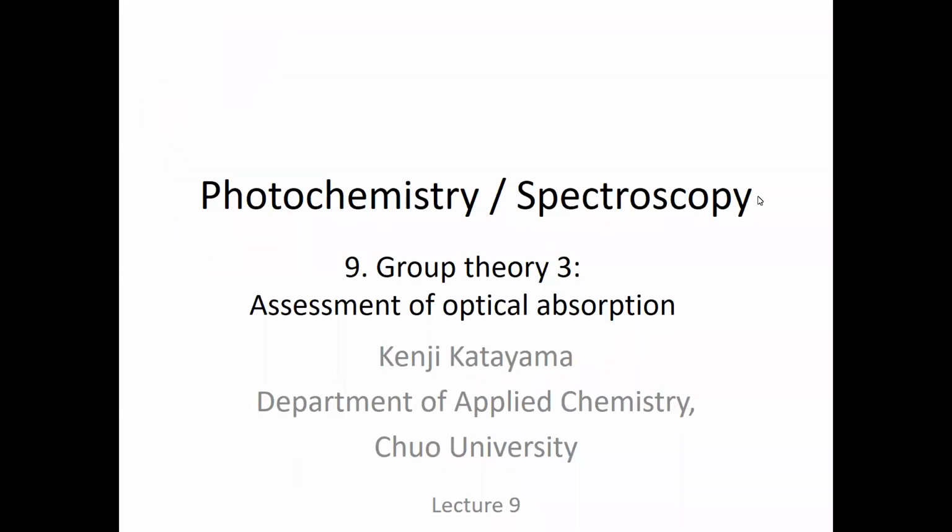Finally, we're going to use group theory to assess the optical absorption, meaning we can judge if the optical absorption is possible from the information of the symmetry of molecular orbitals.